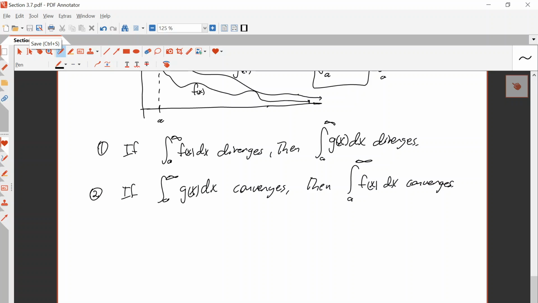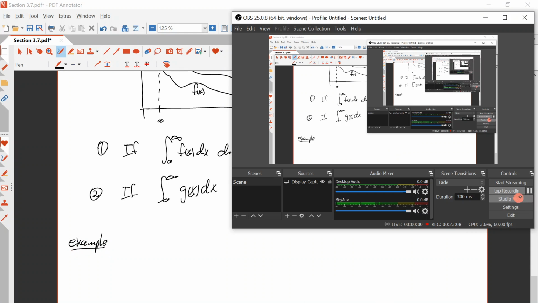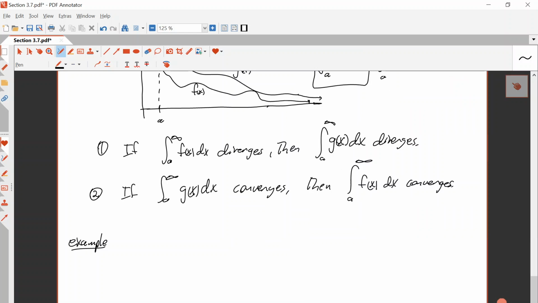So for example, determine if this integral, the integral of 1 over x to the third plus 1 dx, converges or diverges.